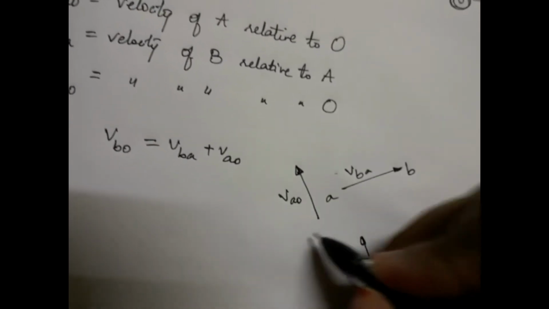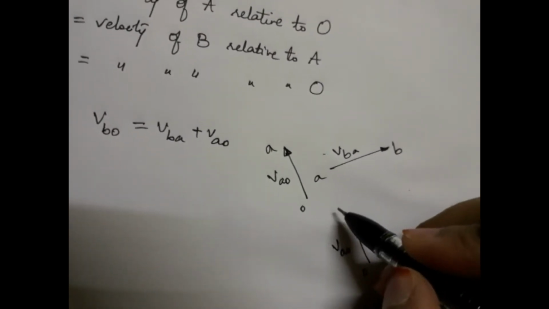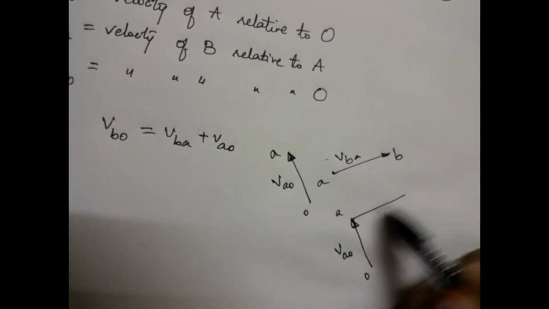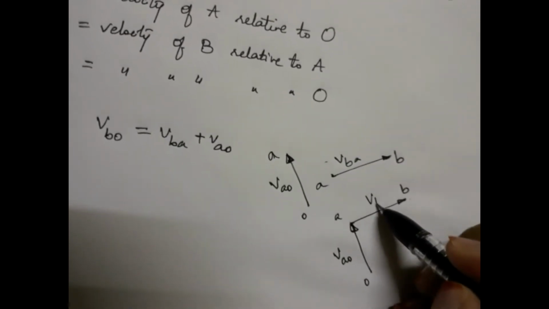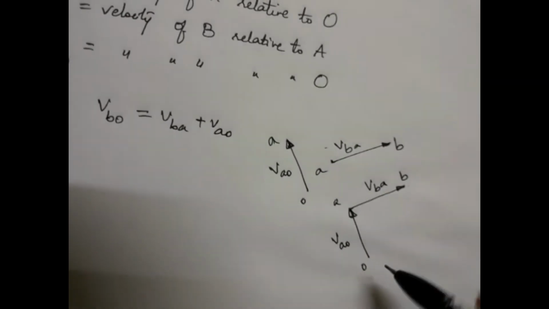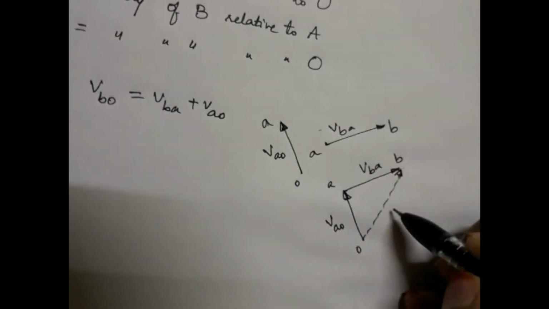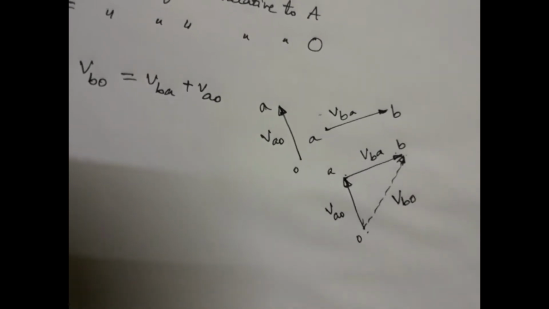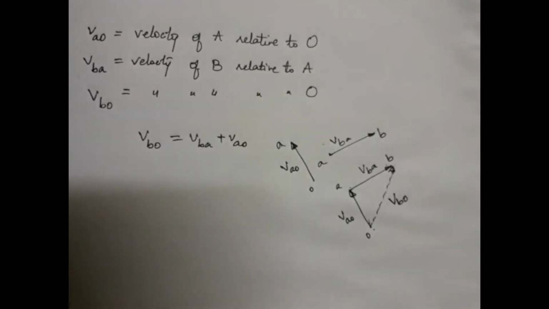This is from O to A. So this is O and A. So this A starts here. Keeping the same magnitude and direction, we can write this as B. This is VBA. Then the closing side of the polygon will be VBO. VAO plus VBA will be equal to VBO. So this is the vector addition. Any number of vectors can be added in a similar fashion.